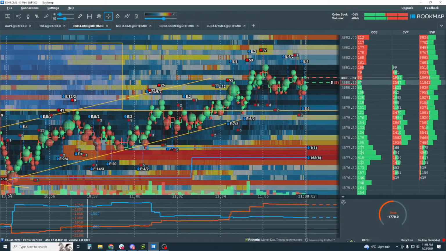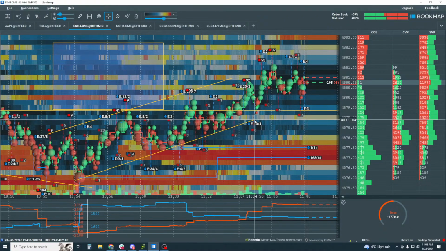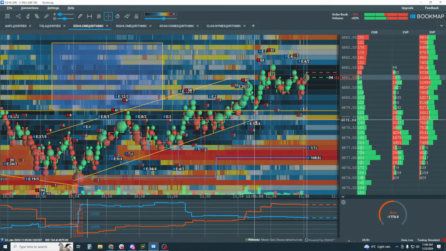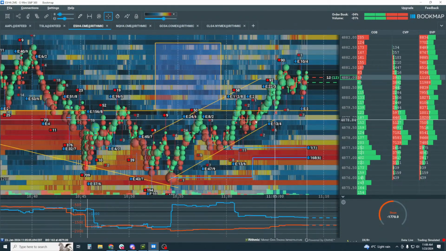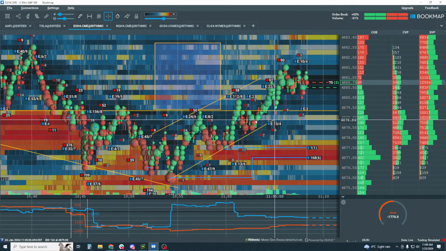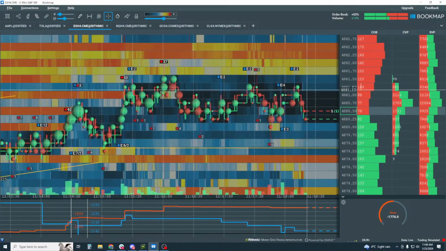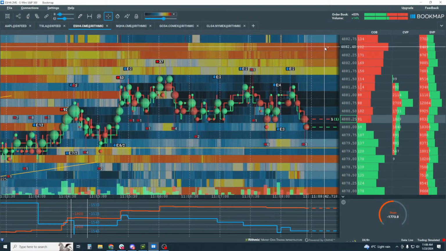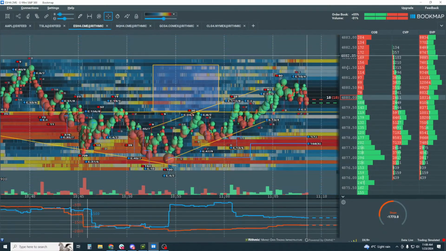Okay, so I'm looking for them to lift it here. There is kind of a wall up here. I would agree with you on that. Starting to form.